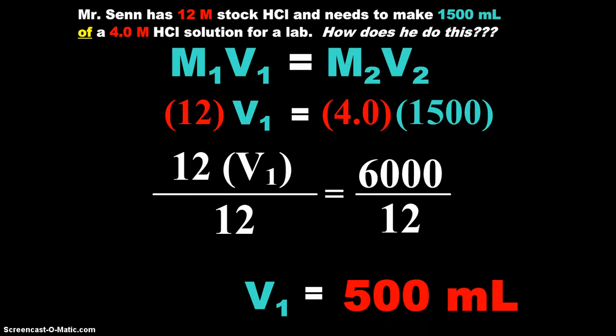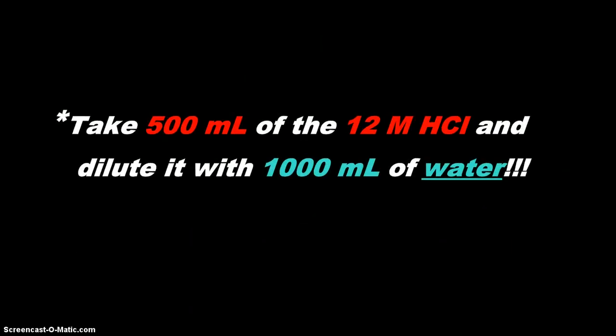But if I left directions and I just said 500 milliliters, that doesn't tell someone how to do it. So what I need to do is add a little clarification sentence. Yes, that's the math that I needed. I know that I do need 500 milliliters of my concentrated stock solution, but what am I going to do with it? So I say this: I'm going to take the 500 milliliters of the 12 molar HCl and I'm going to dilute it.